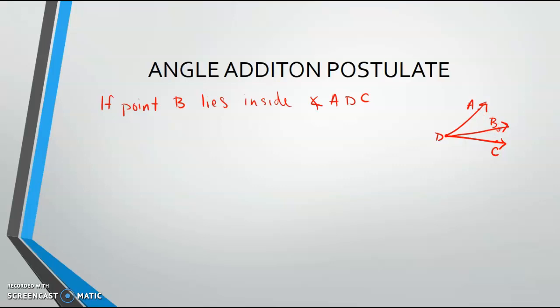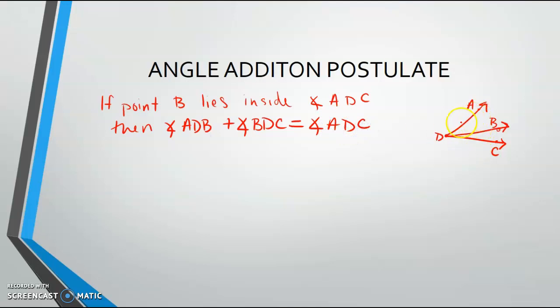So basically if we have two adjacent angles, because that's what we have, ADB next to BDC. So if point B lies inside angle ADC, then angle ADB, so that's this angle right here, plus angle BDC, that's this other angle, will equal angle ADC.